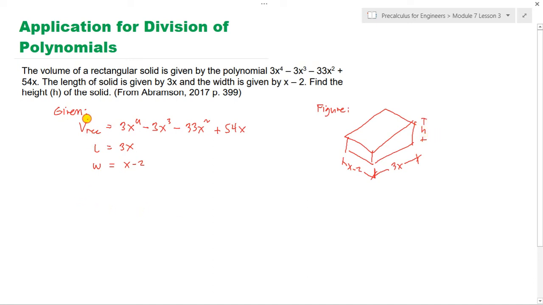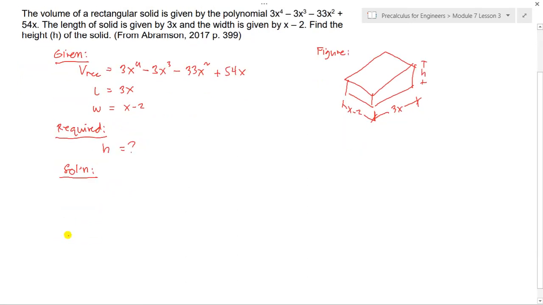Okay, required here is h. Okay, the height of the rectangular solid. Solution. So para di ka maratol ani, so isuwat sa unsay formula sa volume sa rectangle. So para makarelate sa length, sa width ug sa height. So volume of the rectangle is just equal to the length times the width multiplied by the height.